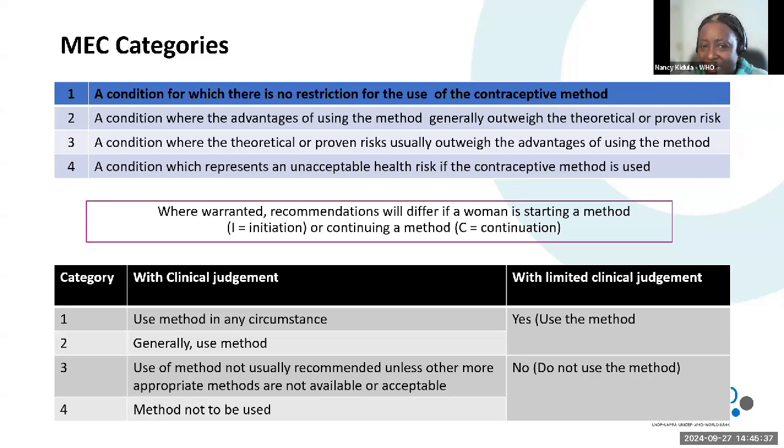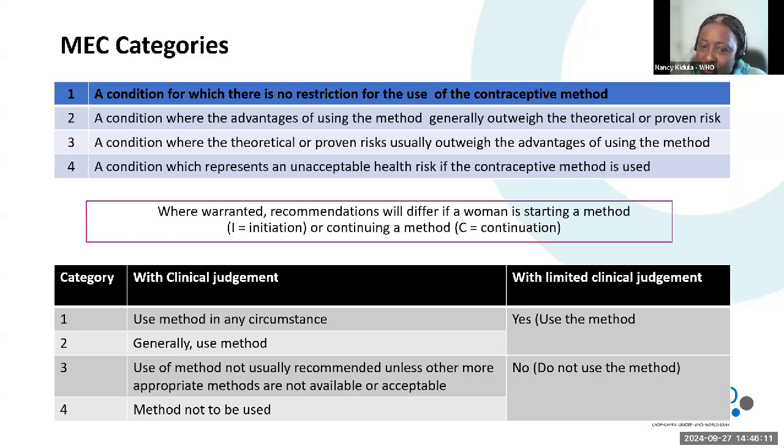Category 1 means a condition for which there is no restriction for the use of the contraceptive method. So when we say that these conditions are category 1 for combined oral contraceptives, what we are saying is that in these conditions, there is no restriction for the use of combined oral contraceptives, etc. We have another category, which is category 2.